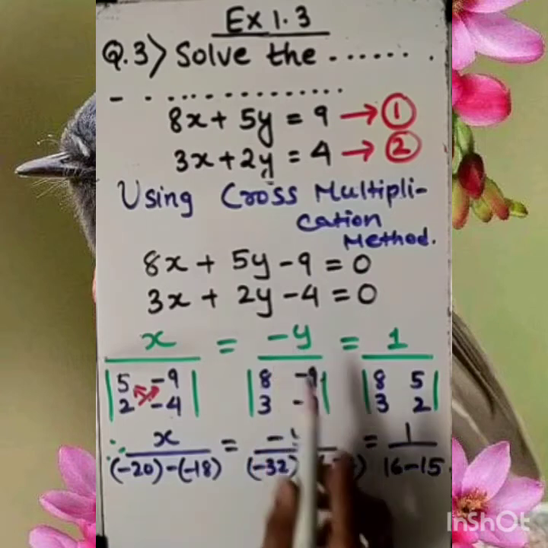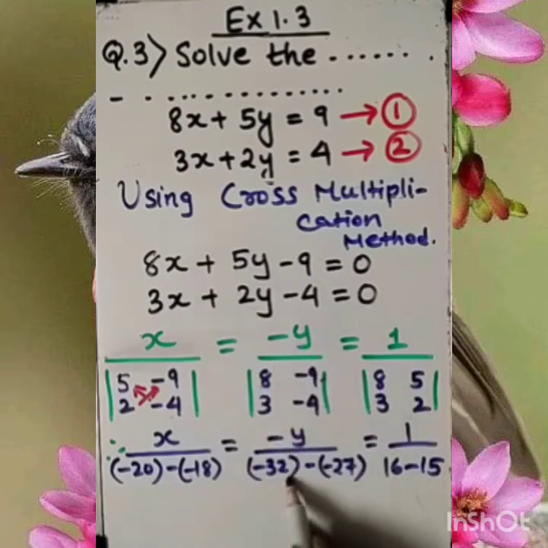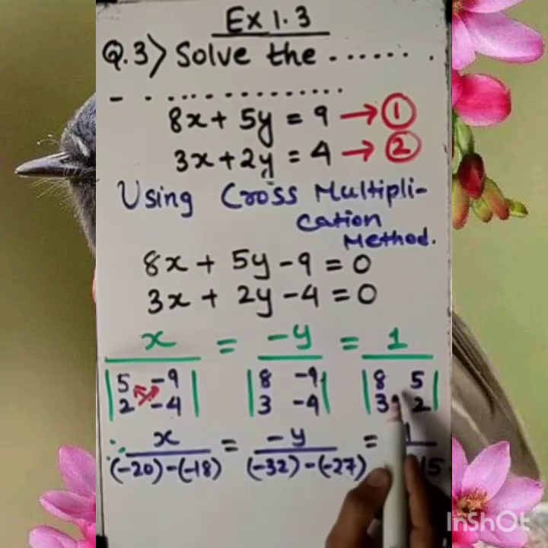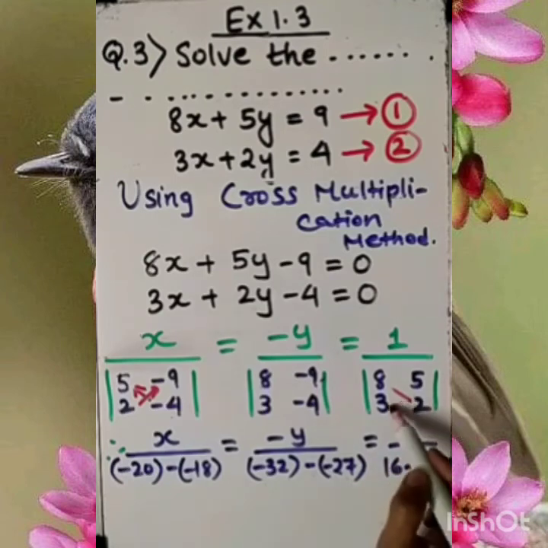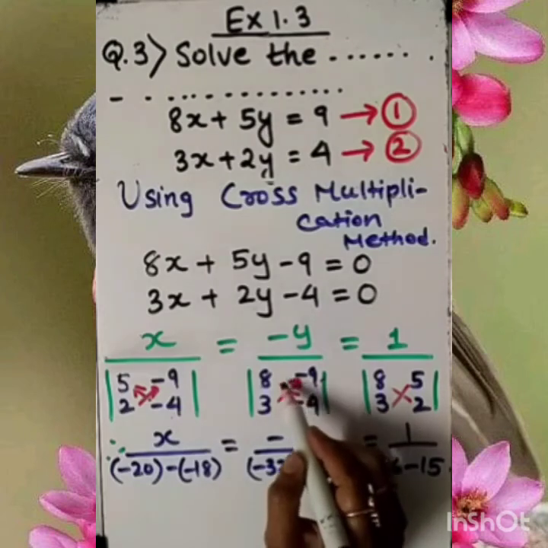As we know, here minus y we need to write, 8 fours are minus 32, the minus sign already there, 9 threes are 27 along with the minus sign. So we need to write it in bracket, equal to 8 twos are 16 and 5 threes are 15. Okay, here also we did the same way.